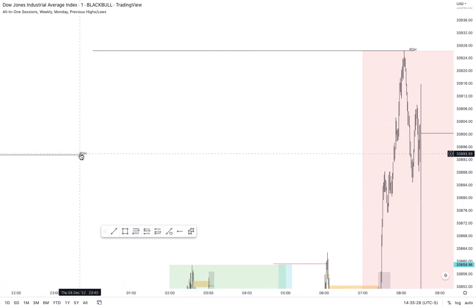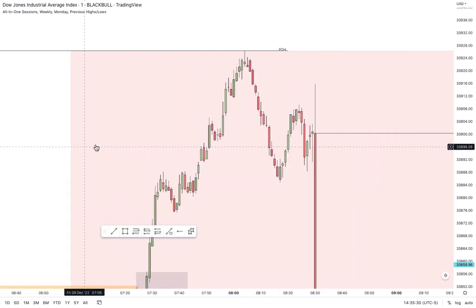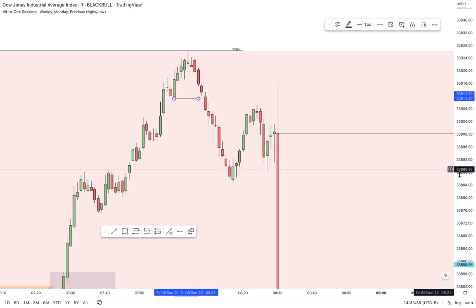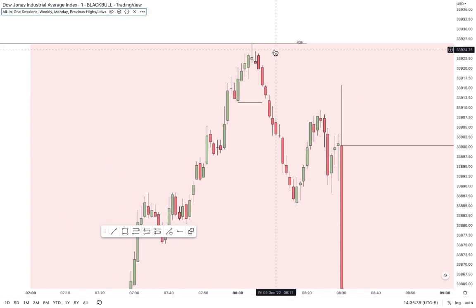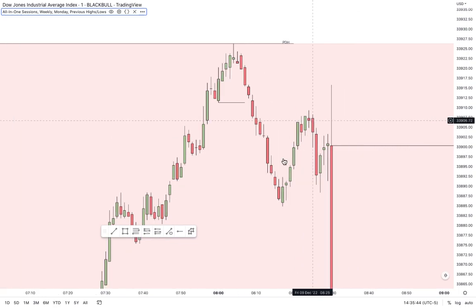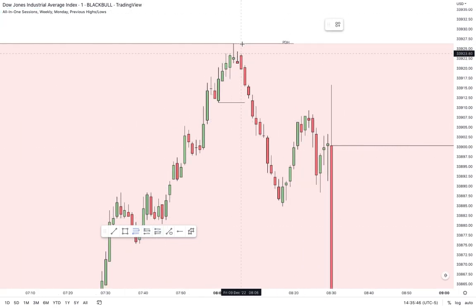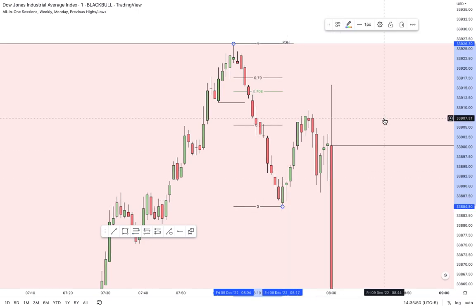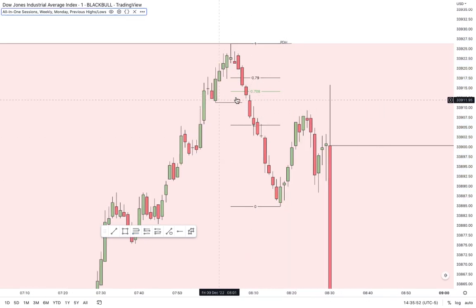Once we cleared this previous day's highs, I was looking for shorts, and this is where the news came in, the PPI, and this was the market structure shift. Now if you have a situation like this, when you have complete selling pressure or buying pressure, what you would do is take your Fibonacci tool from the highs to the bottom, and your entry should be above this.